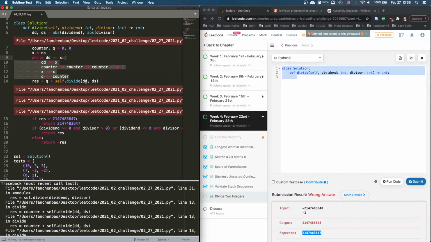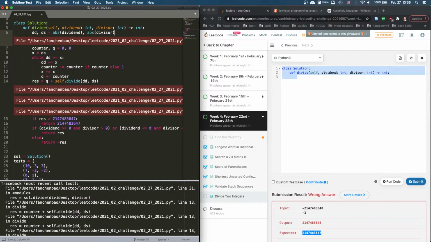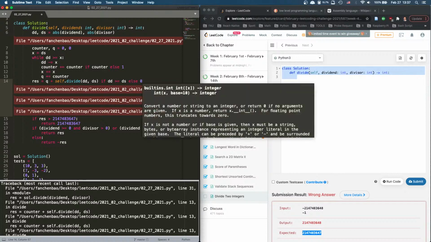Okay, so we have to have an anchor case, which is if dd is smaller. Anchor case could be like this, plus this if dd is larger equal to ds, else this is 0, right?